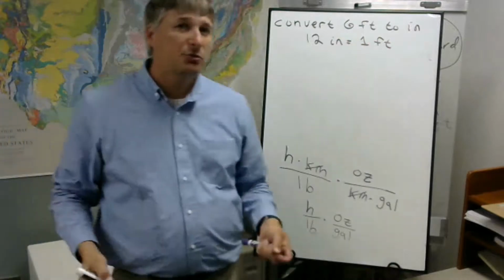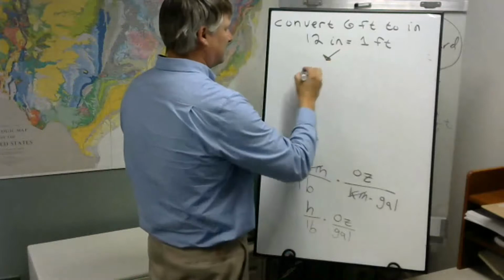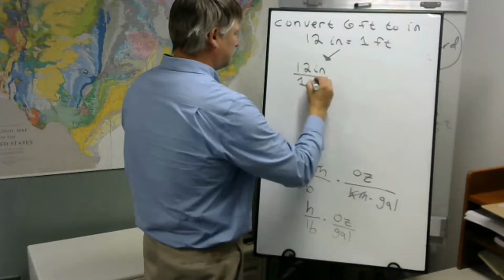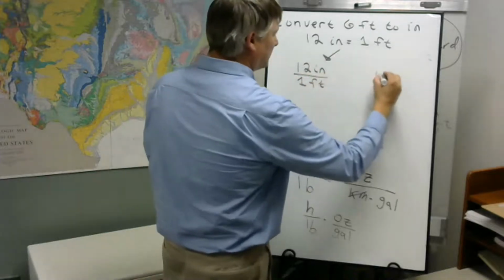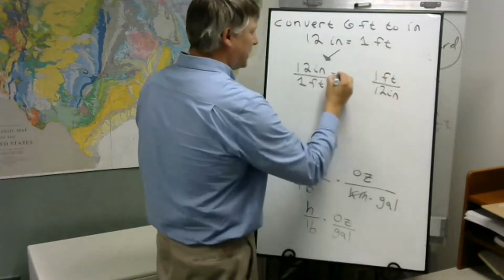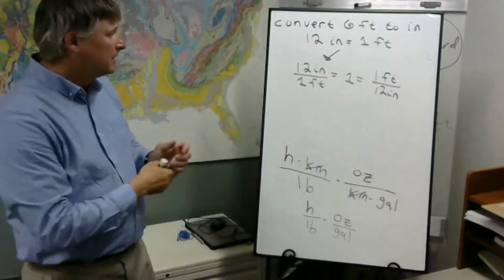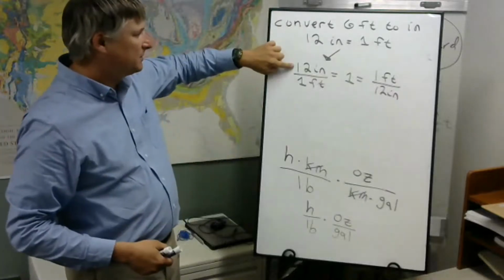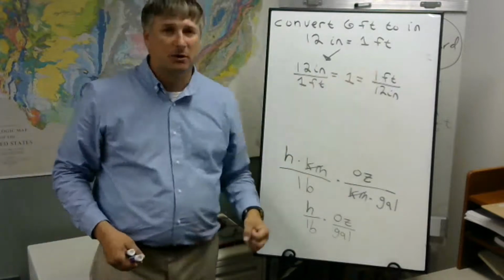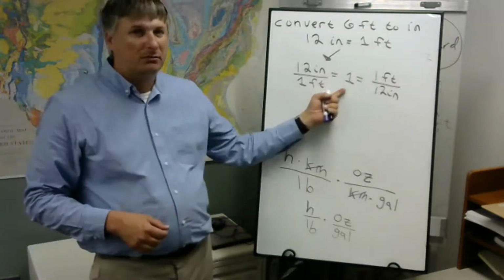And that gives us 2 conversion ratios: 12 inches over 1 foot, or 1 foot over 12 inches. And remember, these are just equal to 1. 12 inches is the same distance as 1 foot. 1 foot is the same distance as 12 inches. So this is just 1.